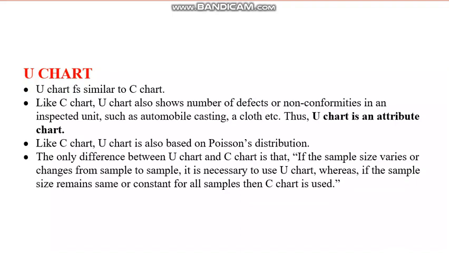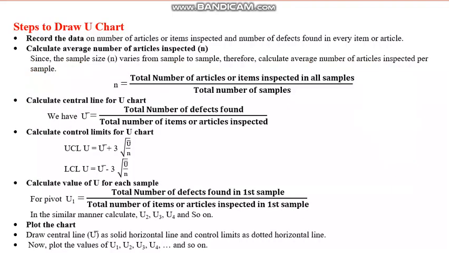Therefore U chart is also an attribute chart, and like C chart, it is based on Poisson's distribution. The only difference is that if the sample size is uniform, we use C chart; if the sample size is varying, then we use U chart. That's all. Now let us see how to draw.